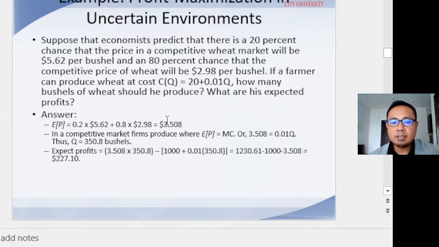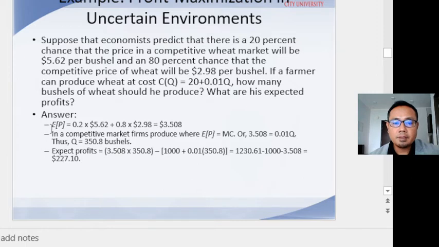If a farmer can produce wheat at cost C(Q) equal to 20 plus 0.01Q squared, how many bushels of wheat should he produce, and what is his expected profit? By extracting all the information in this equation, you can see from here.